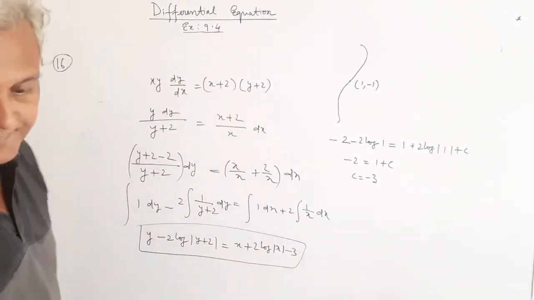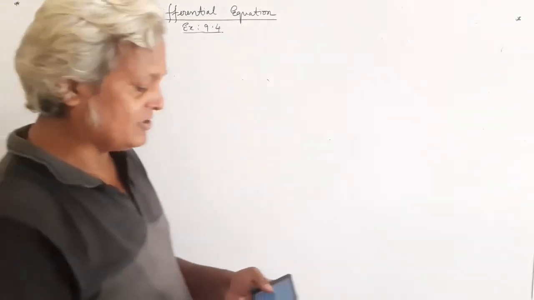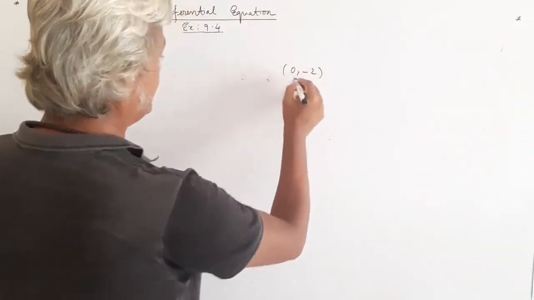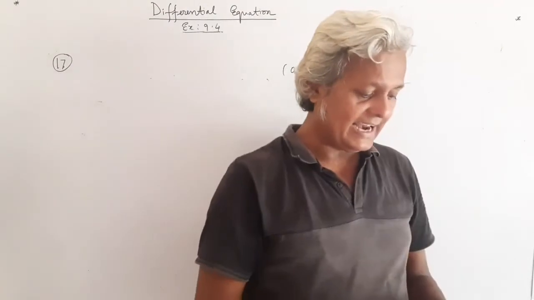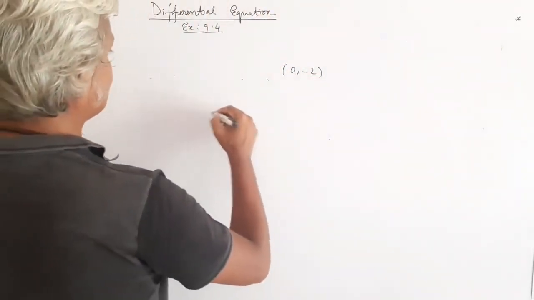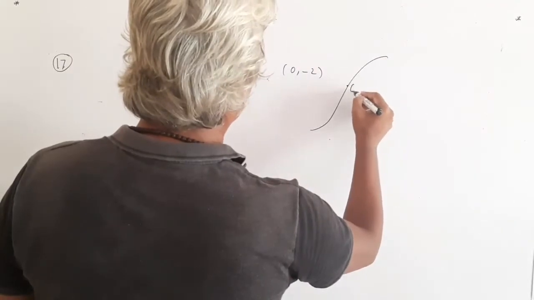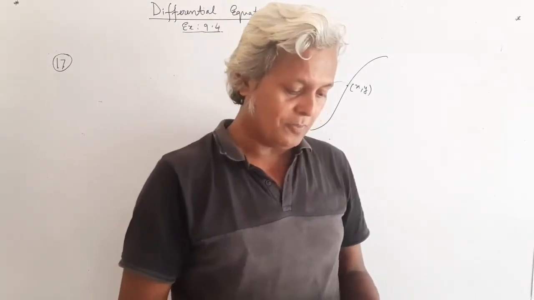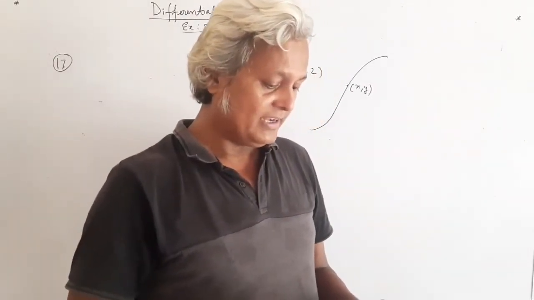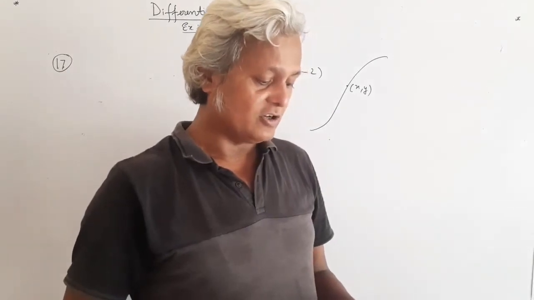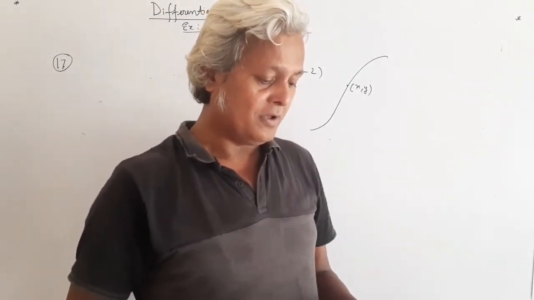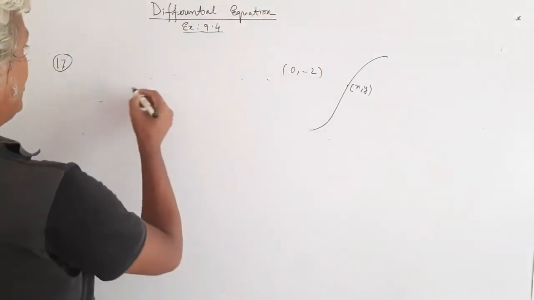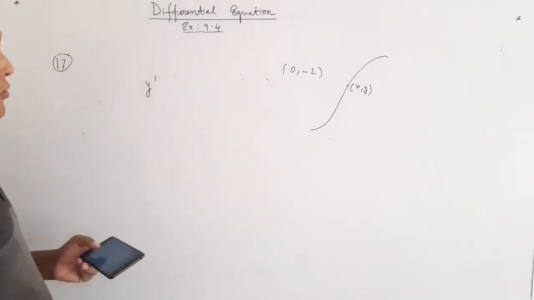This is done. Question number 17 says: find the equation of a curve passing through the point (0, -2), given that at any point (x, y) on the curve, the product of the slope of its tangent and the y coordinate is equal to the x coordinate at that point.